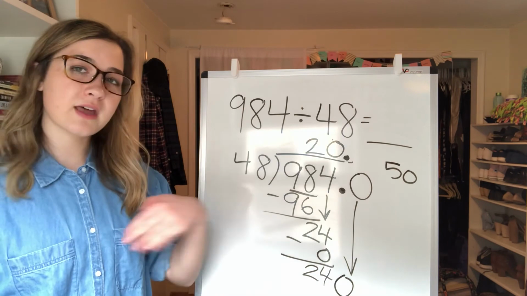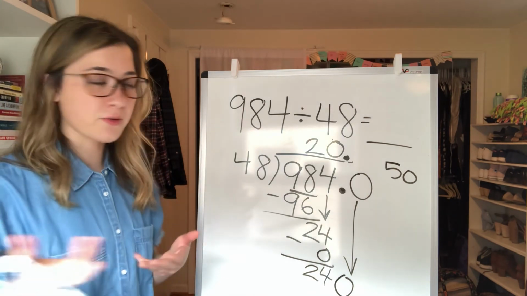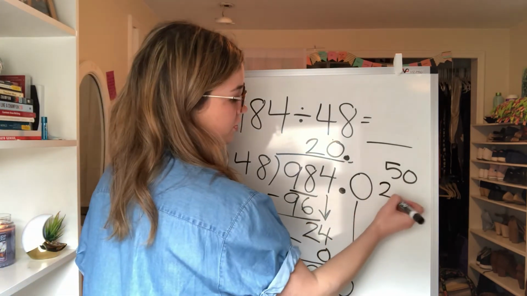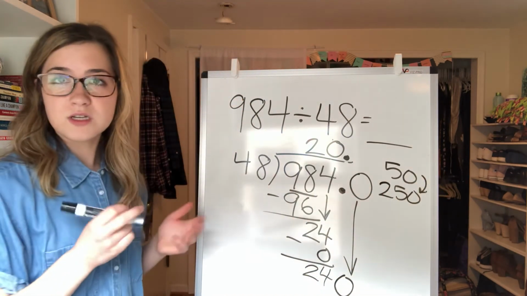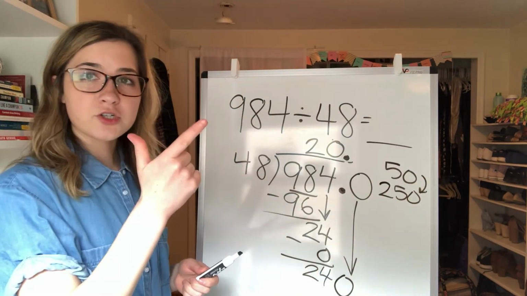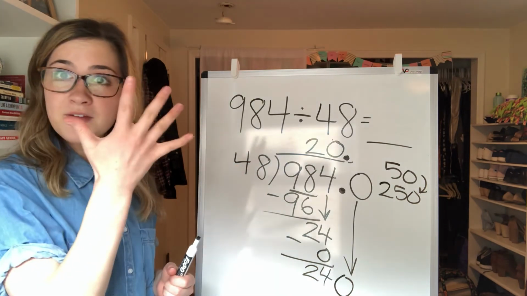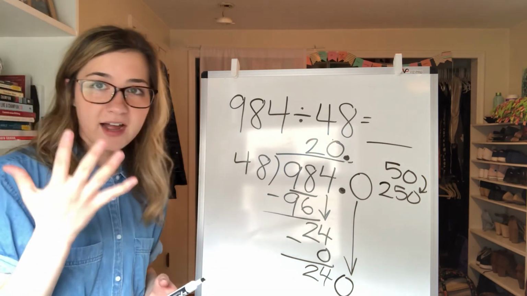So I'm actually going to round that up to 250 because 250 is a really easy number to multiply to when I'm dealing with a 50. So I want to go from 50 to 250, and in order to do that, I can count by 50s. So I have 50, 100, 150, 200, 250, and that was 5 times. So my estimate is going to be 5.